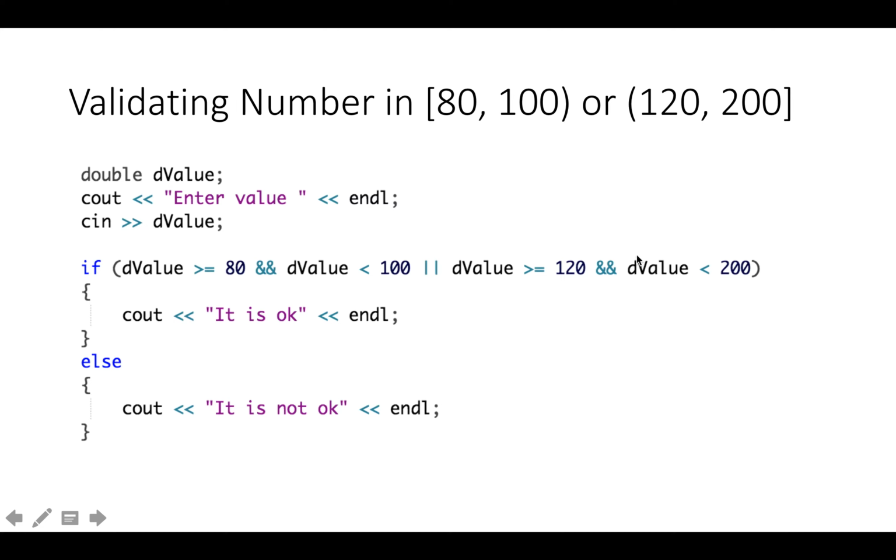We use and here because we want to get the value in this range. We use and here because we want to get the value in this range. The OR connects these two conditions. Okay. If this is true or this is true, it will be okay. Else, it will be not okay.